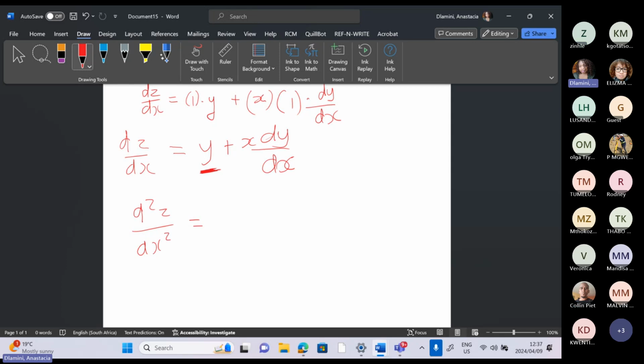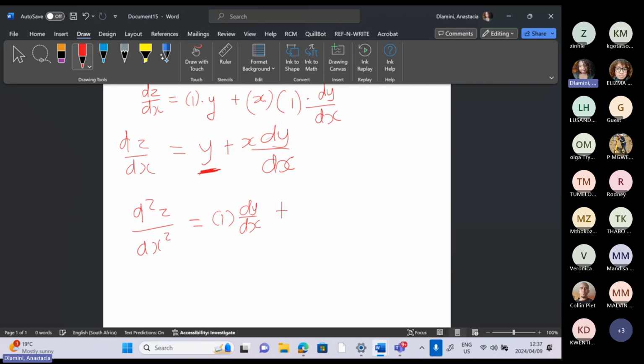The derivative of y is 1, we all know. But because we differentiated y with respect to x, and y is a function of x, this will be multiplied by dy dx. Are we all together? Yes, ma'am.